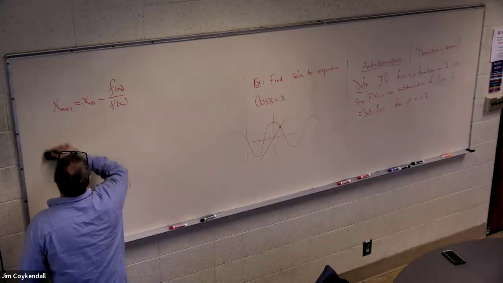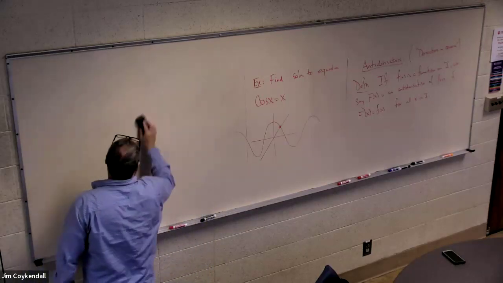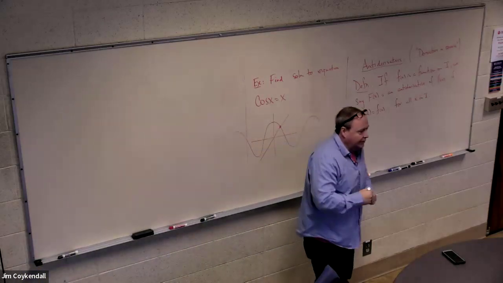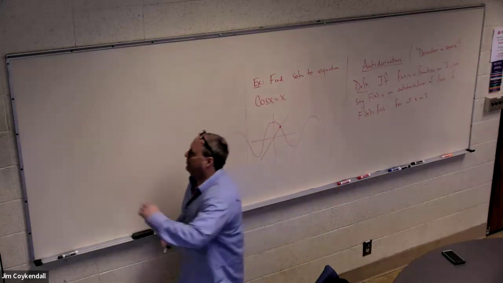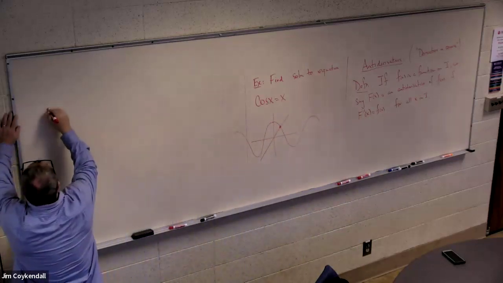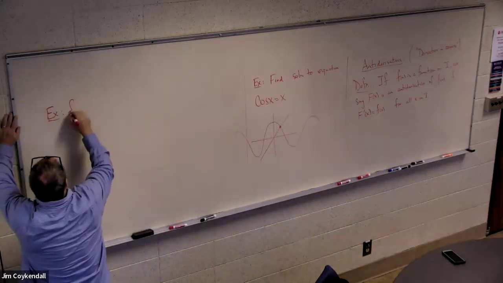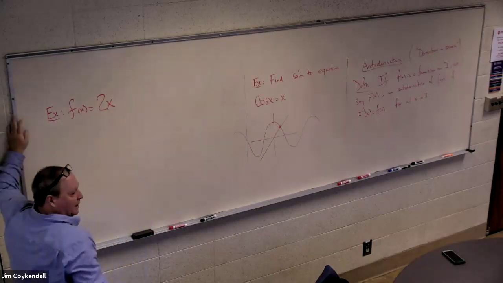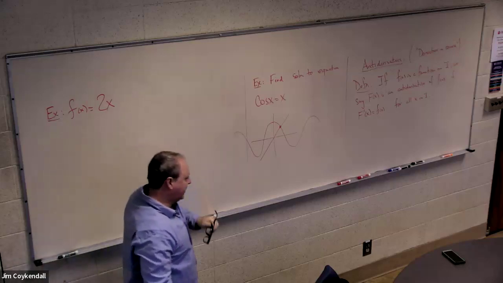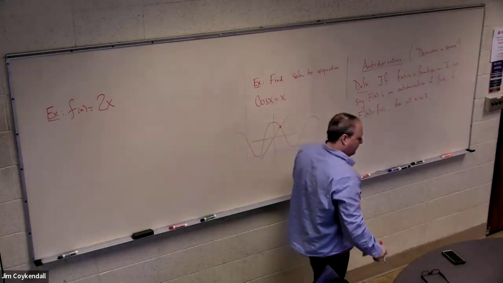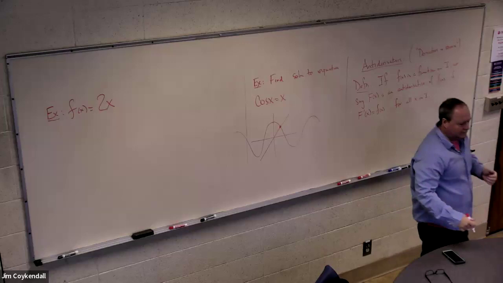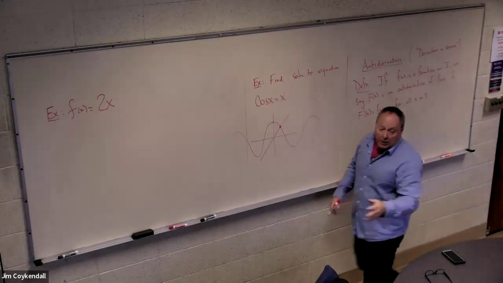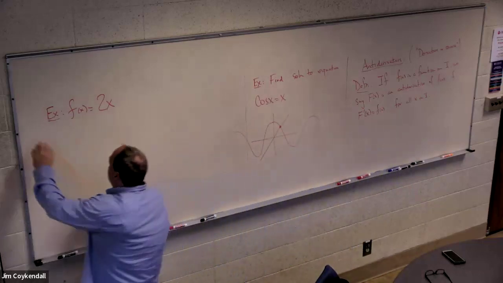Now, if I ask you to take the derivative, there's only one answer. Antiderivatives are a little bit tricky. So let's look at a number. Can anybody give me an antiderivative of 2x? Okay, well, you went the full nine yards on that one, didn't you?